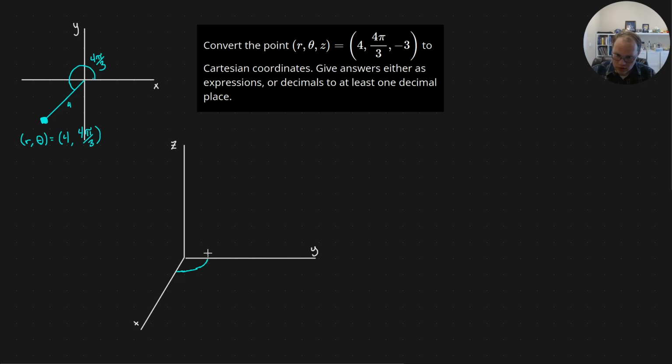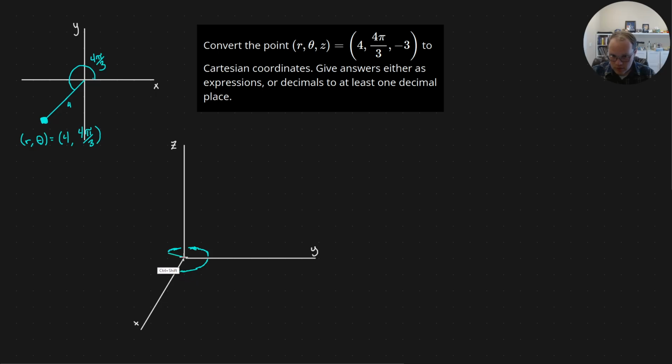Quarter circle, half circle would be right about there, right? Half circle, and I wanted to go a little bit more. So I'm right about here somewhere. Okay, that's the direction I'm pointing in the xy plane. And I go out 4 units in that direction.